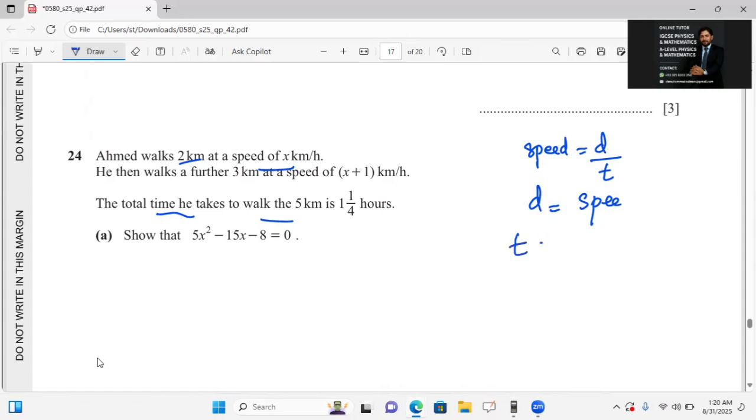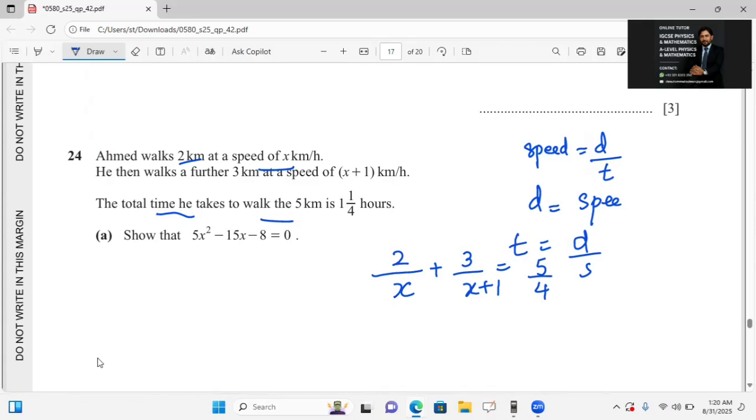So time is equal to distance over speed. So the time is 2 over x plus 3 over x plus 1, which will equal 5 kilometers in 1.25 hours, which is 5 by 4.